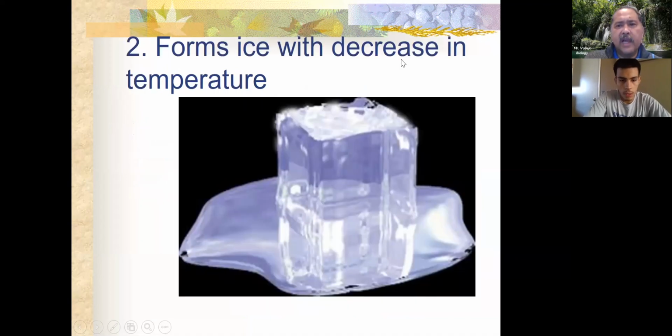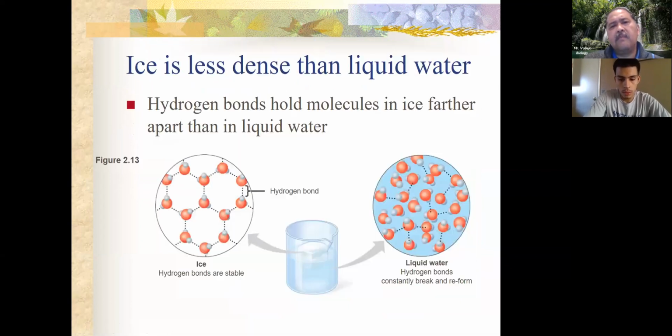Water also forms ice with a decrease in temperature, which is unusual in the sense that the ice is less dense than liquid water. When water forms a solid, these water molecules spread out because of the hydrogen bonding again. But in the liquid form, because these guys have more energy, they break these bonds.